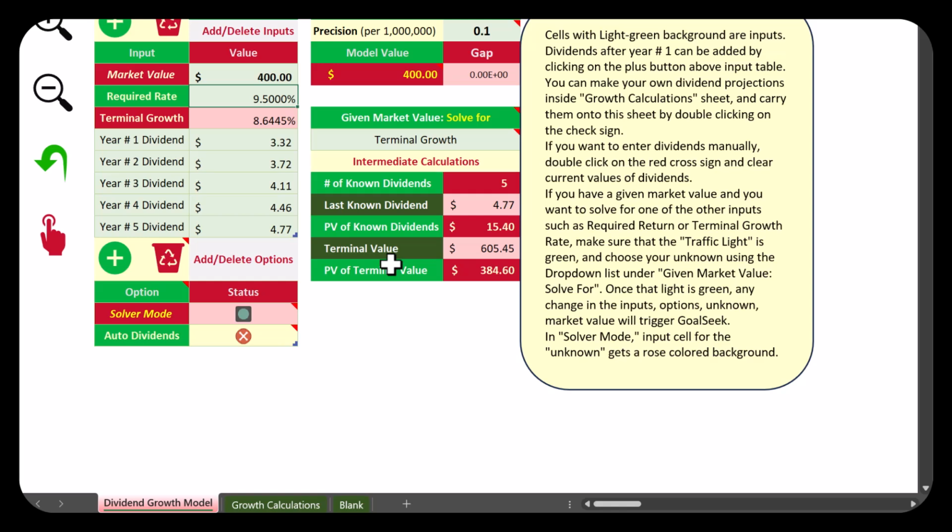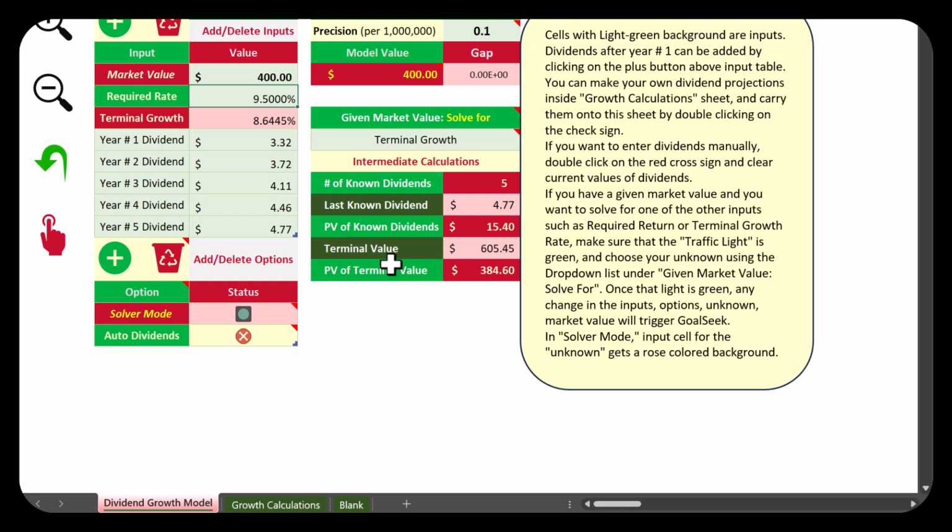This model basically says, if we are to believe the growth projections over the next 5 years, and if we are to believe that the dividend growth model is a good way to value a company, the current price of Microsoft implies a terminal growth rate of 8.64%. That's way above.